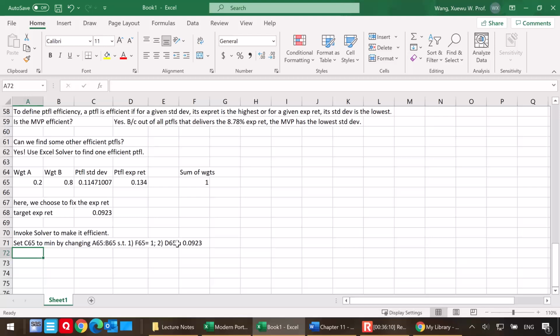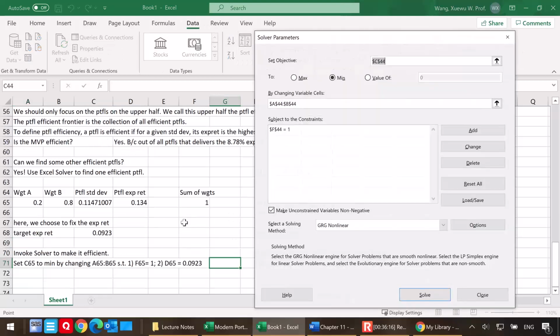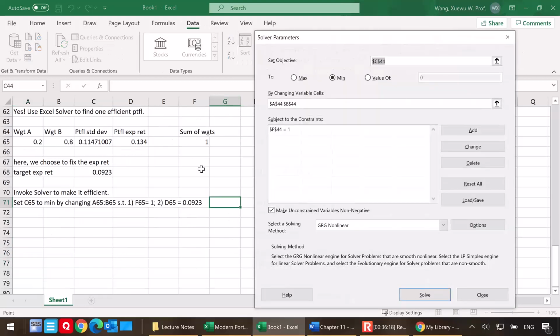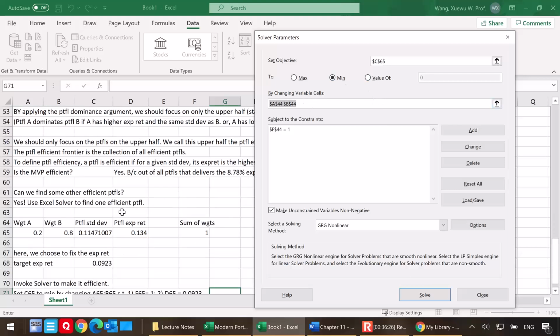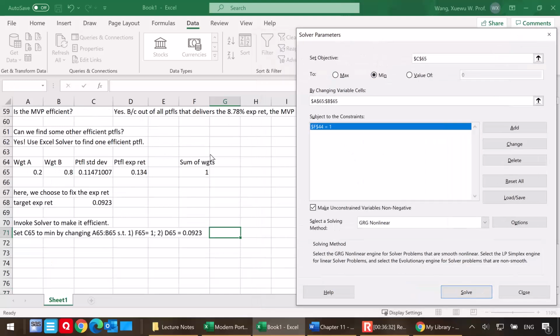So let me go to Solver now. Solver is taking me back to the previous setup, so let me scroll down here. This is my objective cell. I want to minimize this by changing the weights. And I do have the constraint that the weights need to add up to 1, but this was from the previous Solver illustration, so let me change it.